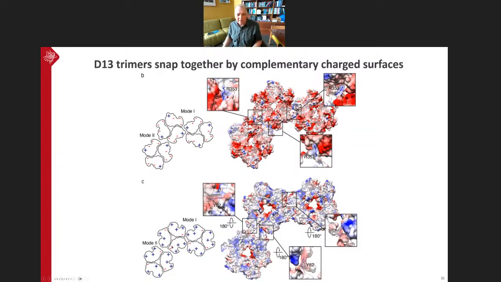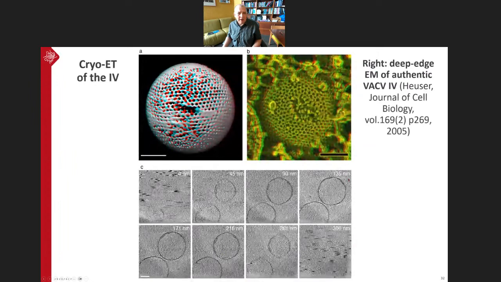So this is a very efficient mechanism of self-assembly. Now our reconstruction, this is the tomogram here of the fully assembled IV, is consistent with the previous freeze fracture data.